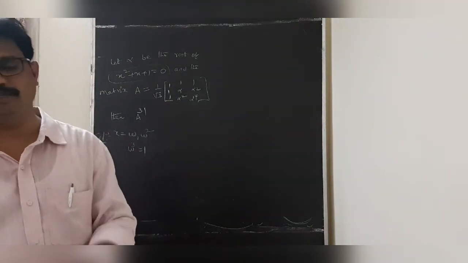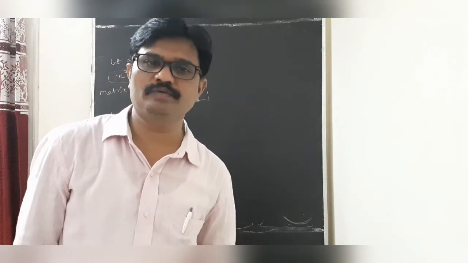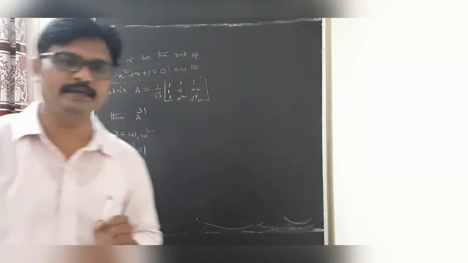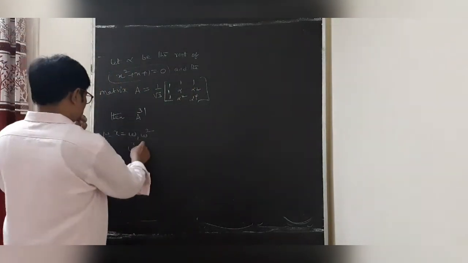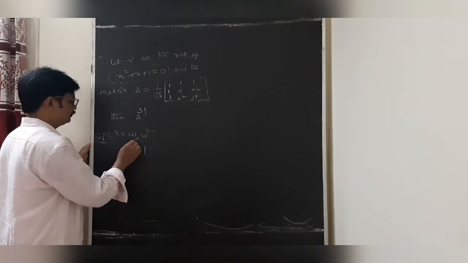When you take the plus sign, minus 1 plus root 3i by 2 is omega. Omega square is minus 1 minus root 3i by 2. And also, students, omega cube is 1.